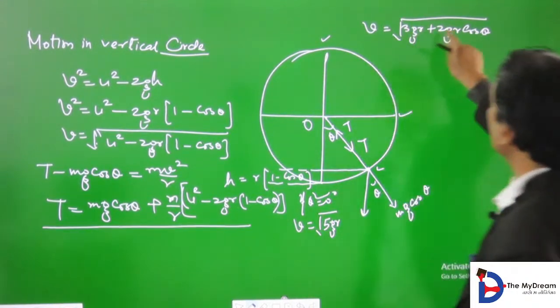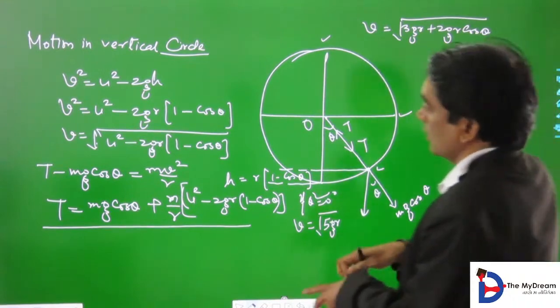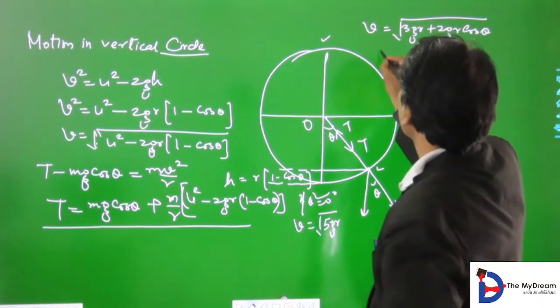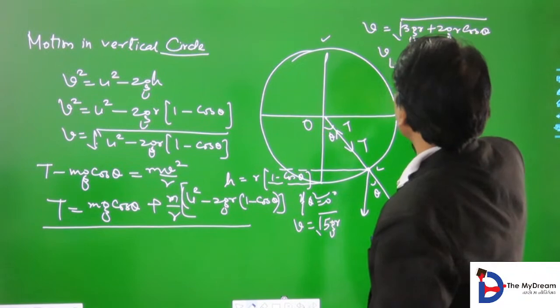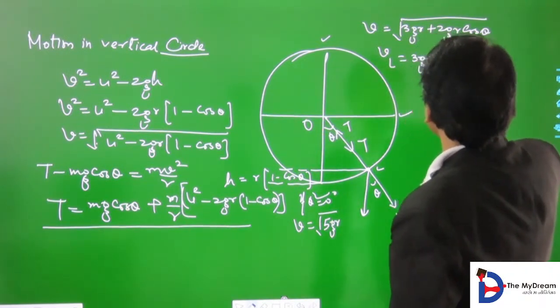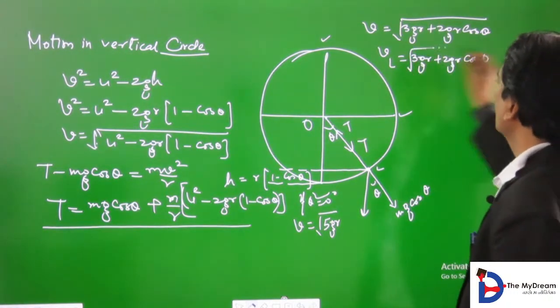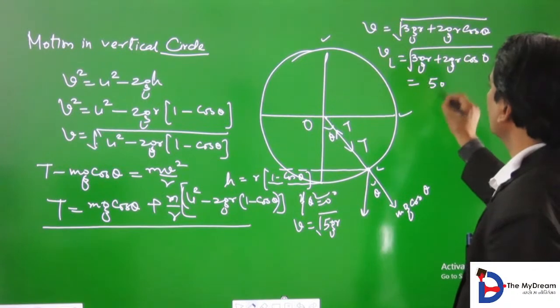At the lowest position, under root 3gr plus 2gr cos 0, and that is equal to under root 5gr.